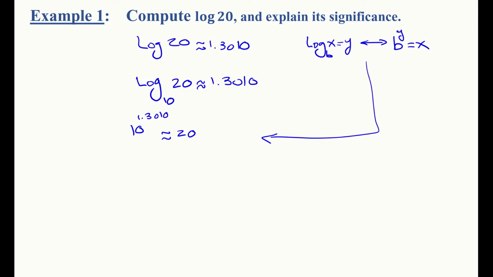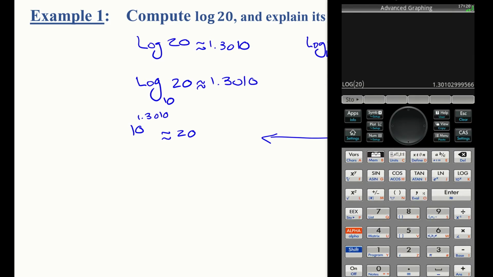We can verify that quickly by typing 10 to the power of 1.3010, and when we hit enter, we should get a number not exactly 20, because remember we did some rounding, but it should be very close. And as you can see, that is extremely close to 20. Of course, the more digits we would use, the more accurate our answer would be.